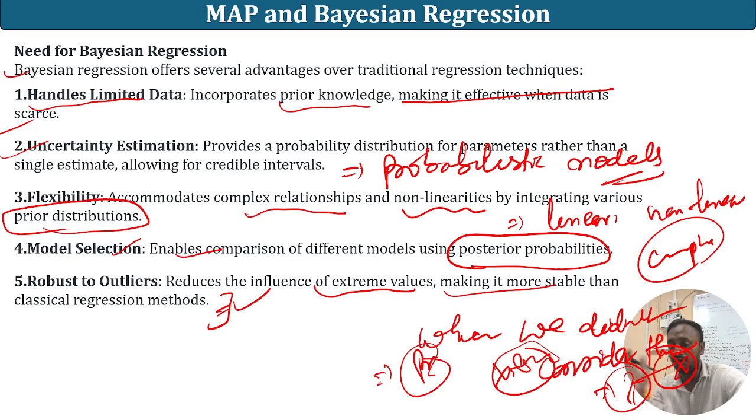We are not sure; once we run the model, we'll see whether it's affecting or not. But there are chances that outliers can influence the classical regression method more compared to the probabilistic models.